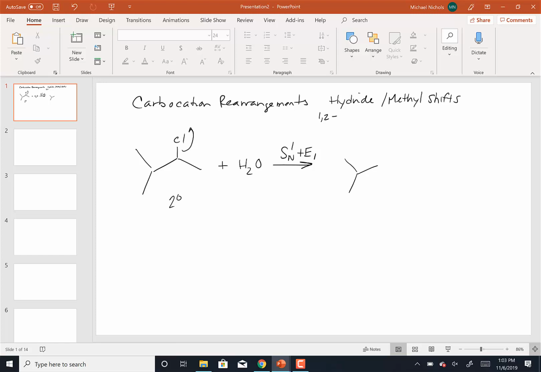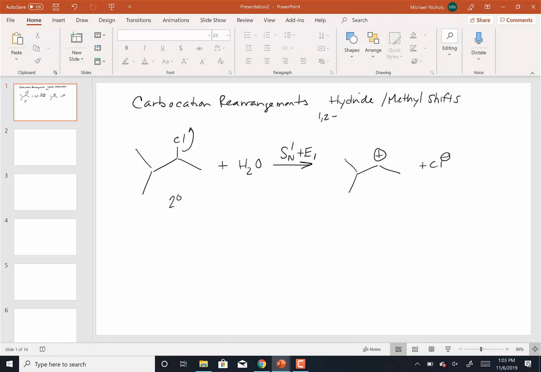I'll show the new transition states, I won't show the old one. So we would get a carbocation plus a Cl minus. Now, the thing about carbocation rearrangements is I need to tell you when they occur. So I'm going to summarize with a bunch of rules. Rule number 1, I believe, is I need to tell you when to rearrange.